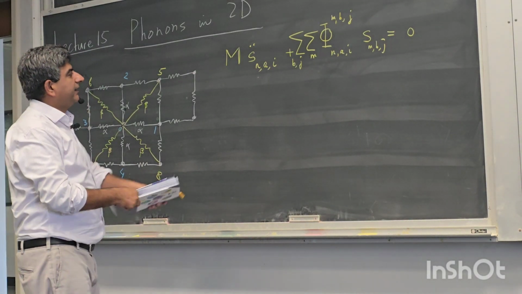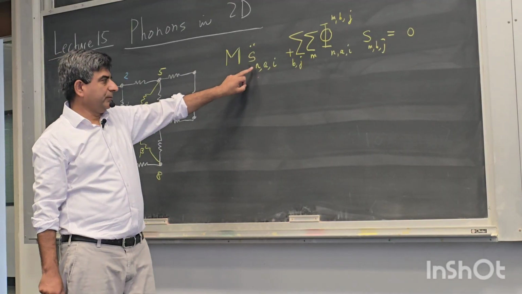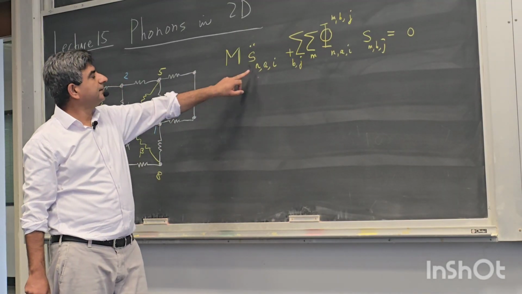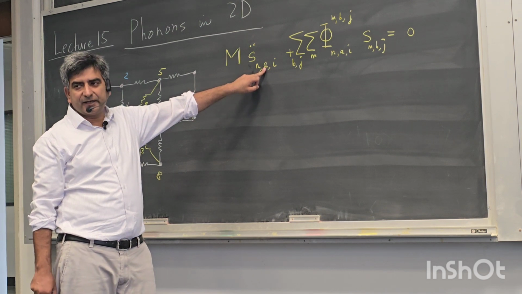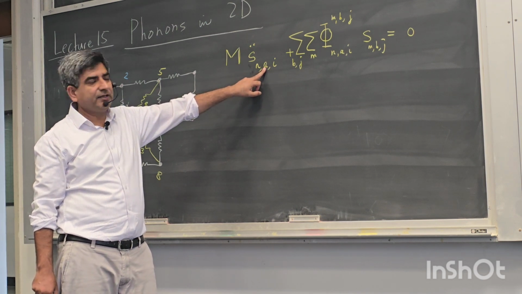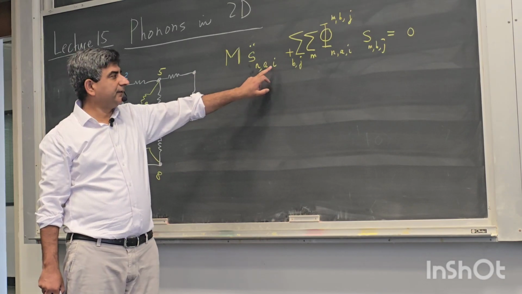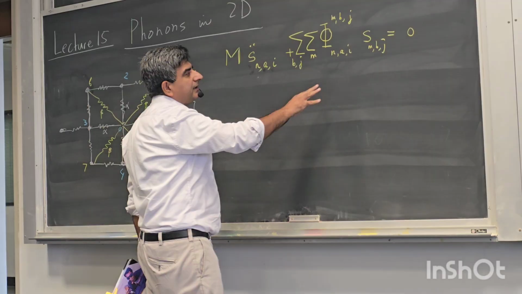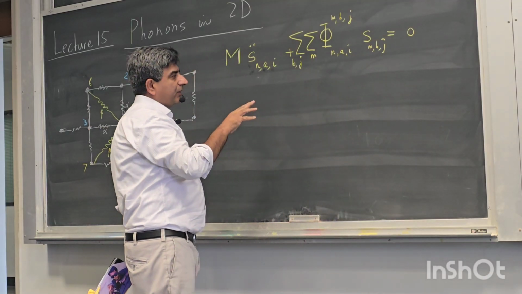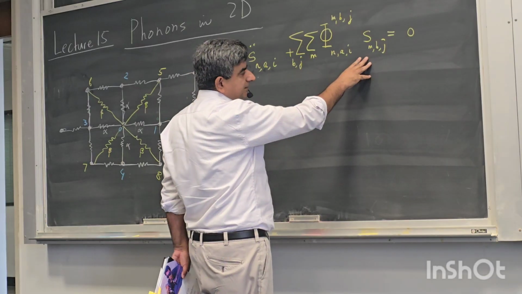So what we have here is that each atom, which is indexed by its lattice position n, by which atom it is inside the basis A, B, C, and by the direction i, j, k, could be x, y, z, is equal to a force, and that force is coming from all other atoms which are displaced.